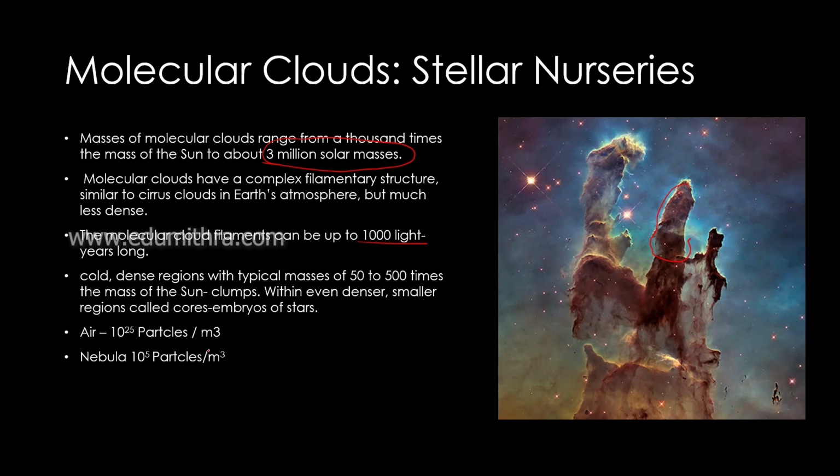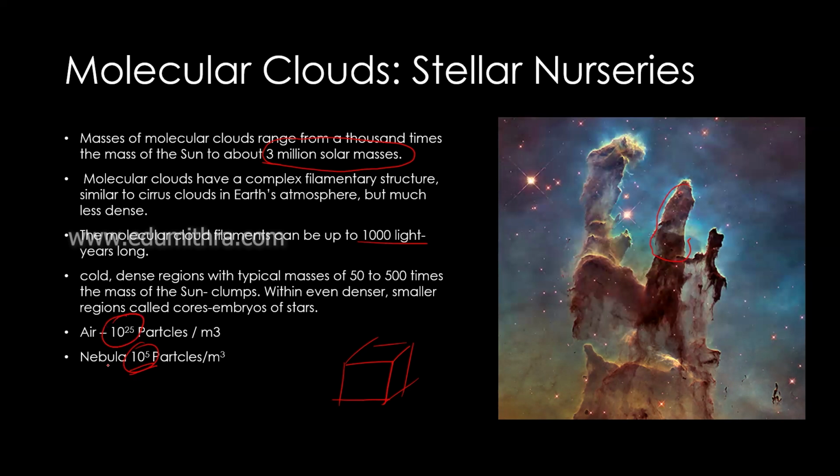An interesting count about this is that the nebula has some 10 raised to 5 particles per cubic meter. So if you take a box of 1 meter size and measure the number of particles, it consists of some 10 raised to 5 particles. It appears to be a big number, but compare it with normal air density.